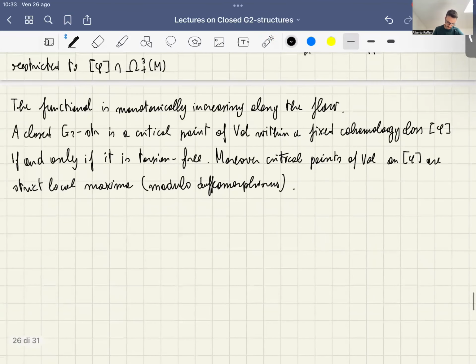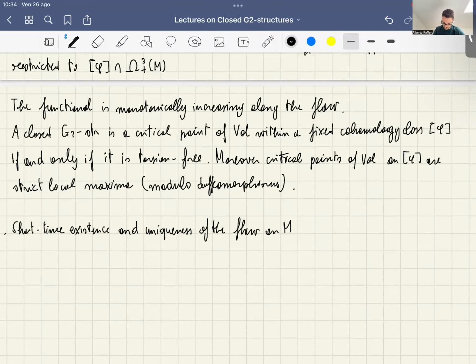Let me say something about the well-posedness of the flow, namely about the short time existence and uniqueness of the solution to the flow on a compact manifold, which is, of course, the first result one has to show if a flow that one is considering is a reasonable flow.